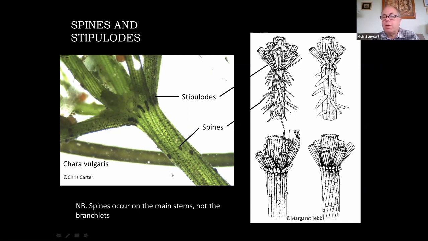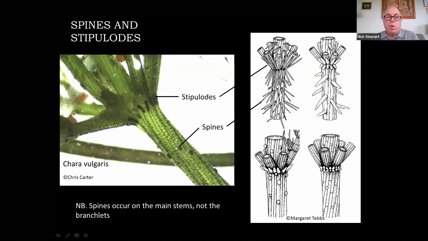You can see here there's a bit of a branch coming off, and there are little extra cells around the fruiting structures. Those don't count as spines. What we're looking for are things like these sticking out from the main stem. And what you're looking for with these is, first of all, whether they're developed.